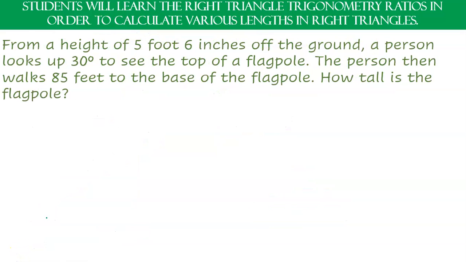Okay, same thing for the next problem. This time we have a person looking up off the ground. So basically our person's standing here and they're looking up with their eyes at the top of their head. Their neck is craned. And we know that that person is 5 foot 6 inches, and they are looking up at a flagpole.